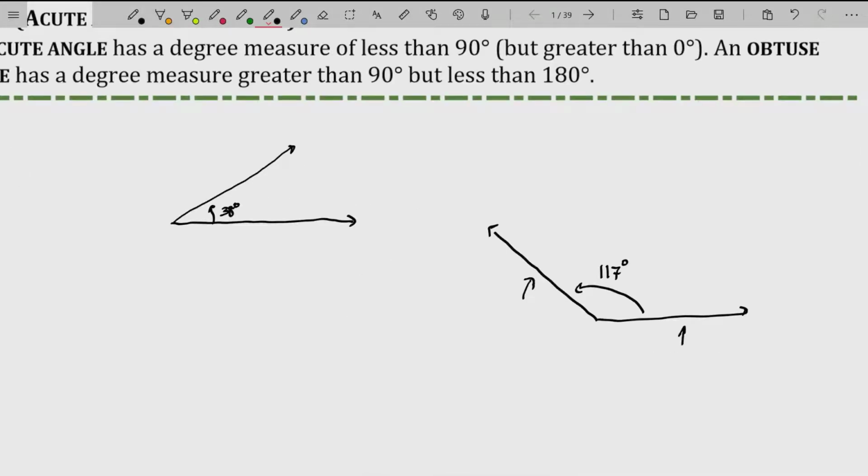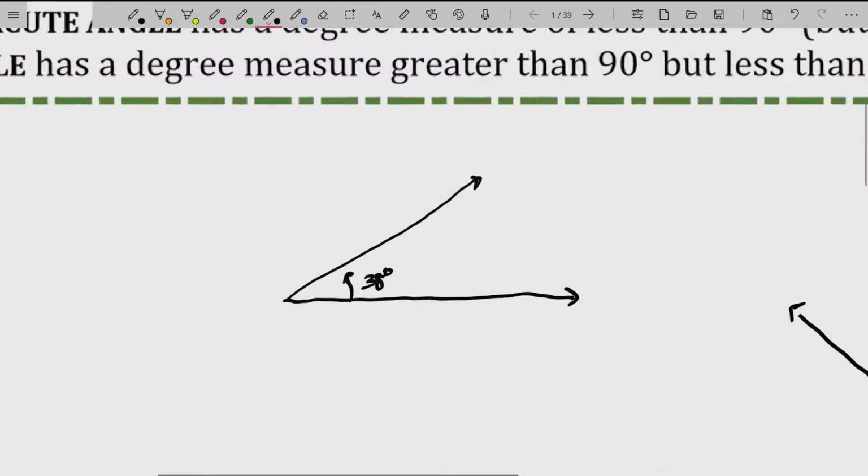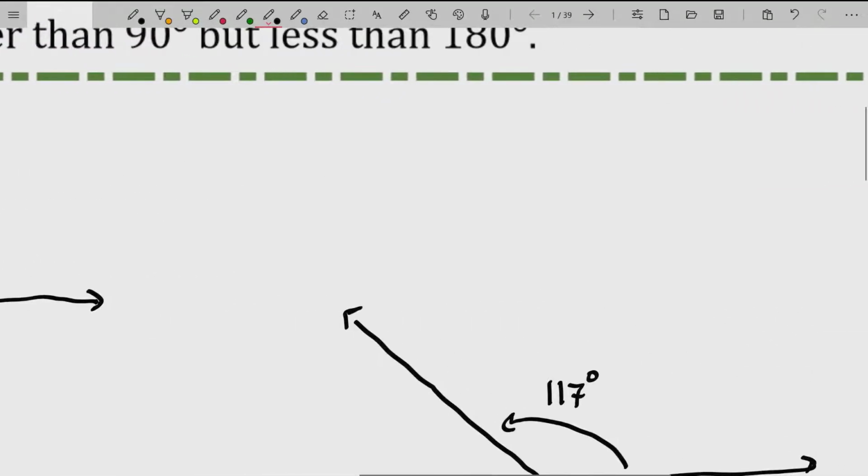By the way, some people will ask, well, what do you call an angle that's greater than 180 degrees? That would be called a reflex angle, which you're not going to see in trigonometry, so don't really worry about that. Well, you'll see them, but you won't hear that wording in your trigonometry course. So really all I concern myself with here is acute angles and obtuse angles.